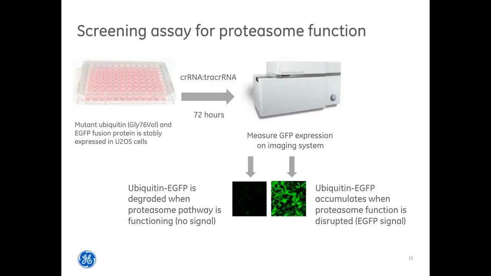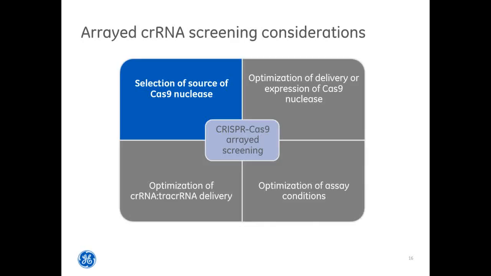We've used this assay for a few different gene knockout studies in working with the CRISPR components. But before carrying out a much larger screen, we knew we had a bit more optimization to do. So let's start by going through my list, beginning with how we selected a source of the Cas9 nuclease.